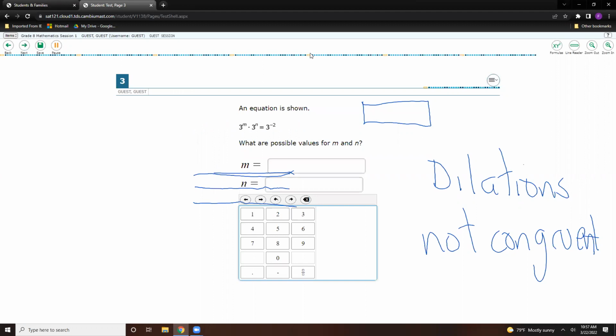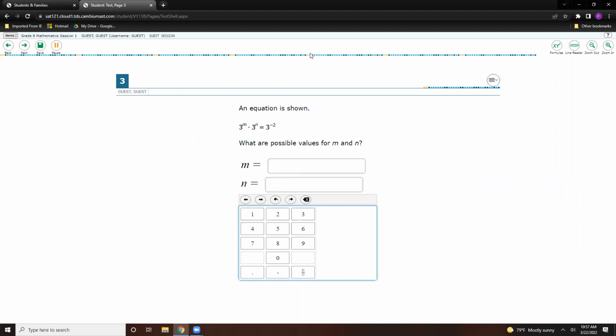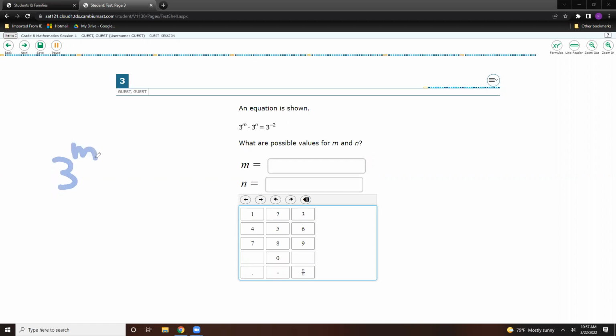Moving on. Clearing. Okay. So, multiplying powers with the same base. 3 to the m, this is a number, times 3 to the n. So which 2 numbers, m and n, when I combine them, combining like terms, are going to give me 3 to the negative 2.